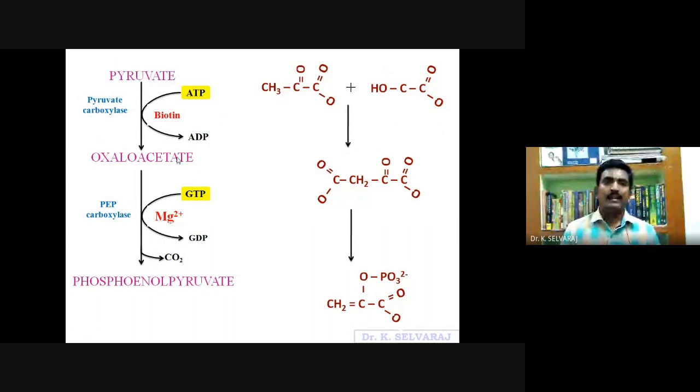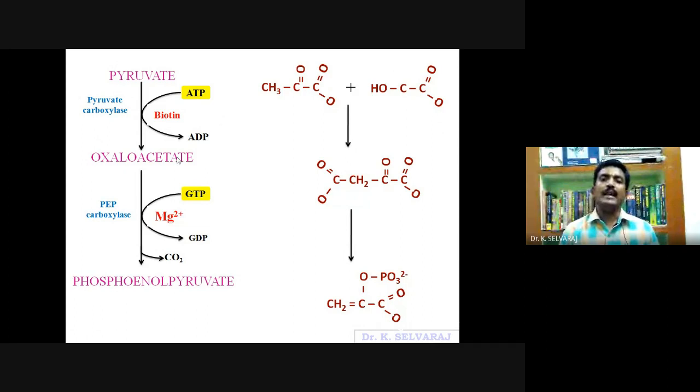Then this oxaloacetate is converted into phosphoenolpyruvate. For this conversion also, magnesium is an important molecule, because the enzyme phosphoenolpyruvate carboxykinase requires magnesium.